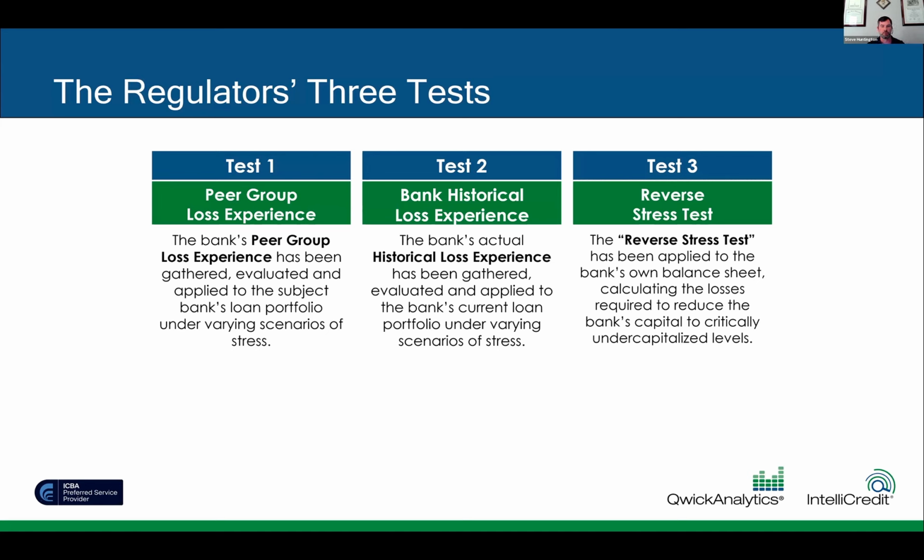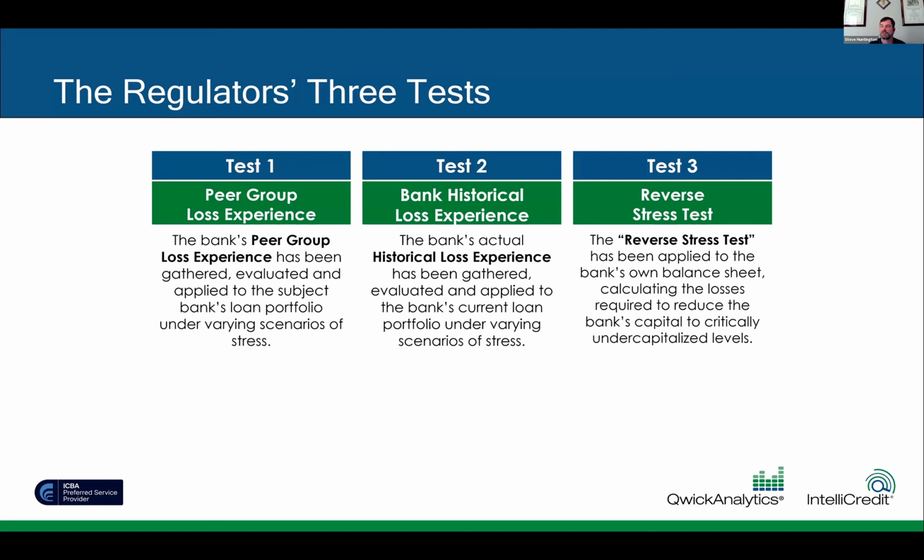And we work in reverse order to figure out what levels of losses in your loan portfolio you could withstand or absorb before your capital were to get down to these critical PCA thresholds or internal thresholds.